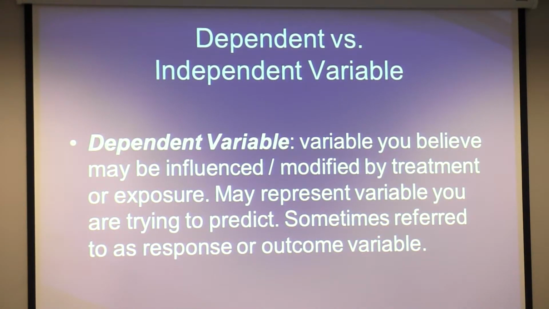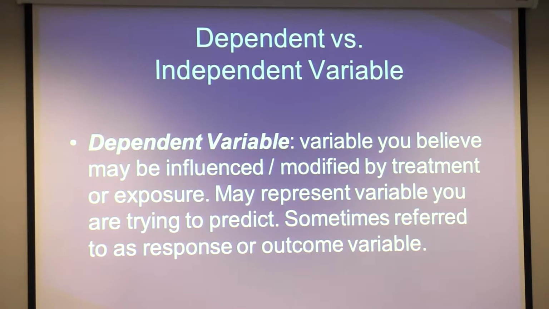It's the thing that we think is going to be modified by whatever treatment we're implementing in the study, or whatever characteristic the patients may just bring to the study themselves, that will affect an outcome, and that's your dependent variable. It could be something you're trying to predict.